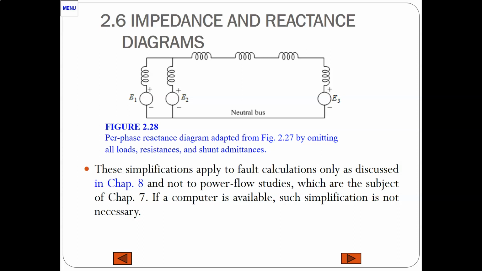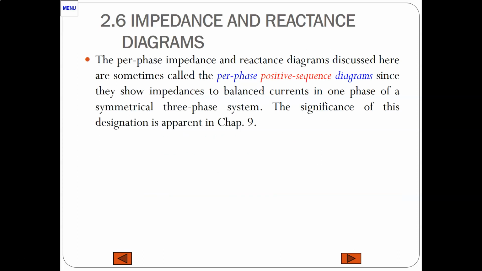Typically in a line, the resistance is much lower than the inductance value, so many times we can just neglect the resistance, and that's good enough for that type of calculation. And if a computer is available, such simplification is not necessary in the same way. That will help a lot.